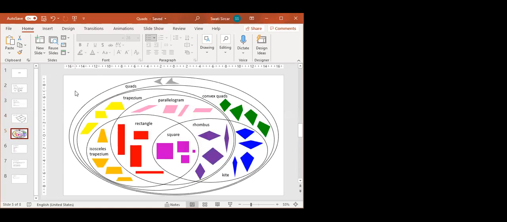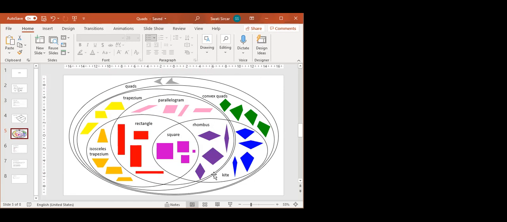Here, basically, you are trying to look at all the intersections. Let me go from outside in. The biggest one obviously is quadrilaterals. Then within that, it's convex quadrilaterals. So these two are concave ones, which are outside.